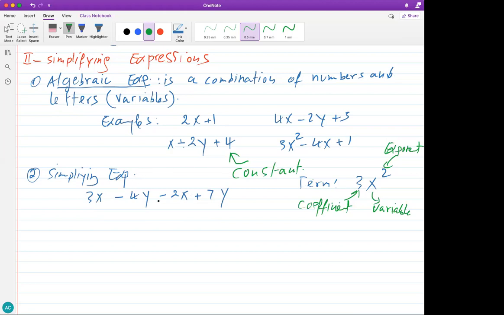Here we have 4 terms. Is there a way to make this expression smaller and shorter working with these terms? Can we do anything here? Can we combine anything in order to make this smaller and simplified?